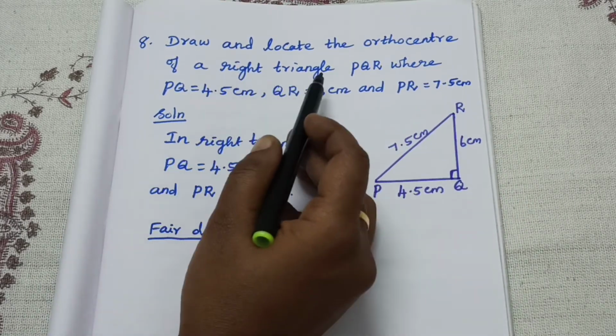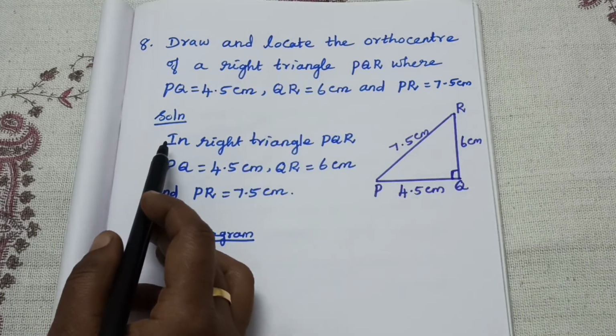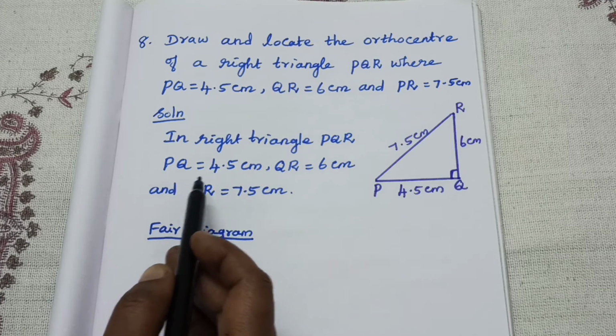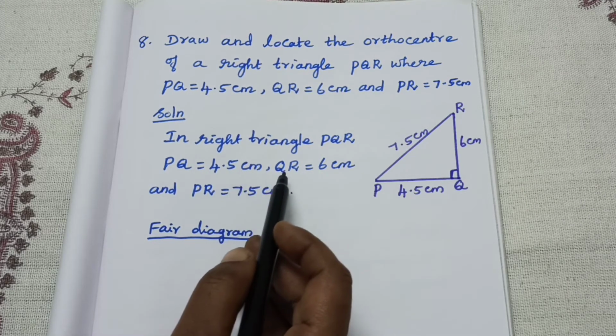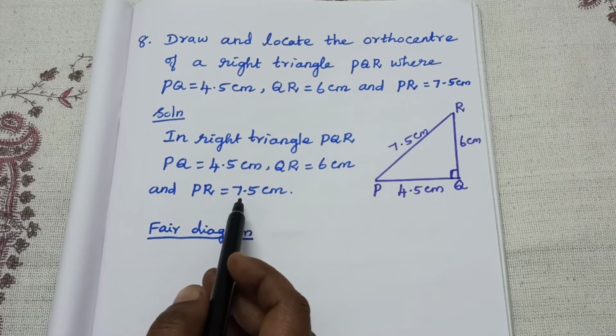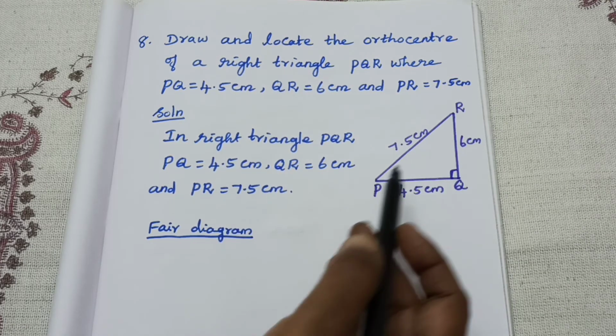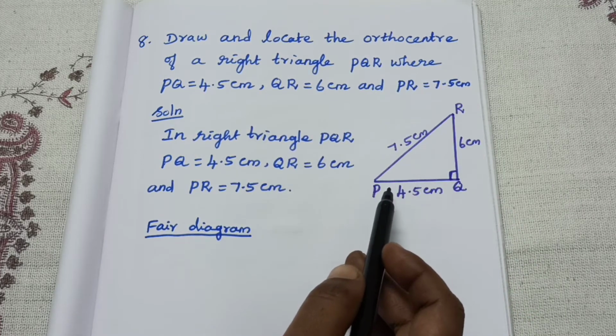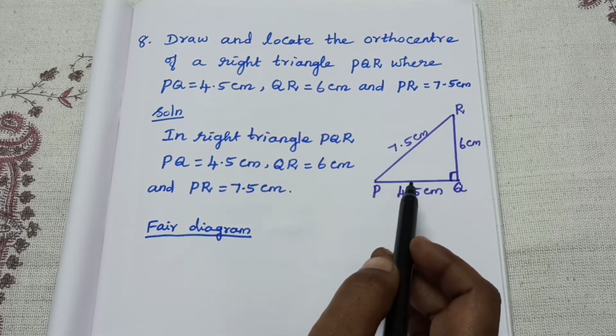What is given? A right triangle is given. First you should write it. Given a right triangle PQR, PQ is equal to 4.5 cm, QR is equal to 6 cm, and PR is equal to 7.5 cm. First we have to construct what? A triangle.